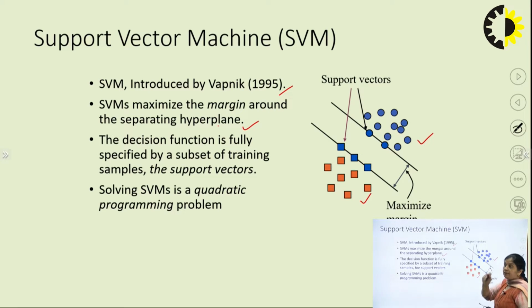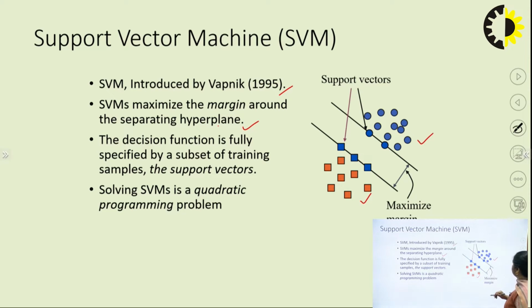So SVM maximizes the margin of the separating hyperplane, which we will discuss in further slides. The decision function is fully specified by a subset of training samples which are called support vectors. Solving SVM is a quadratic programming problem.